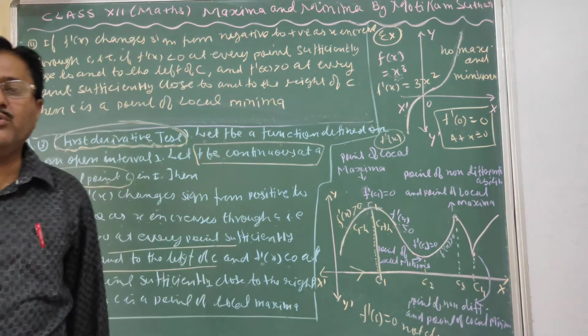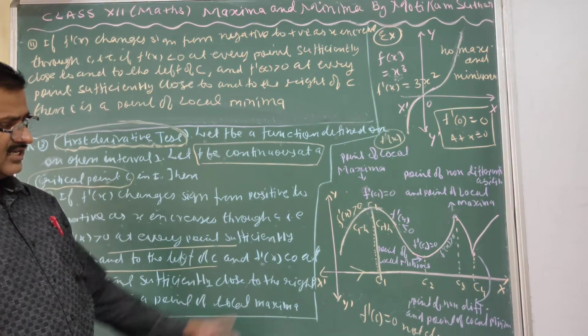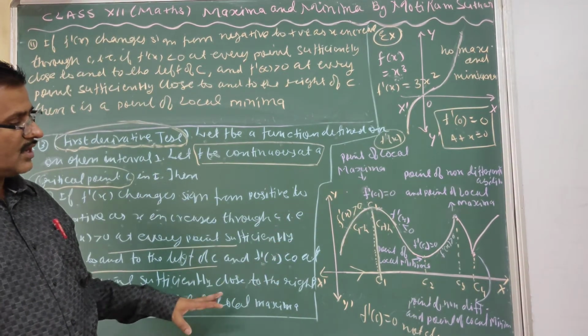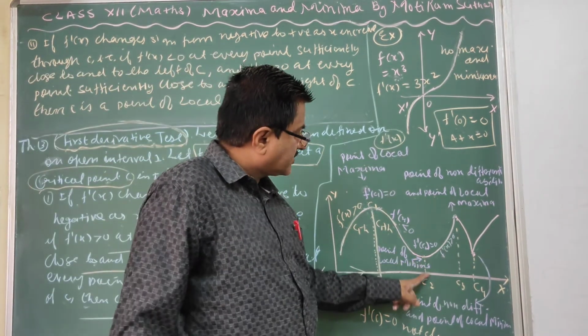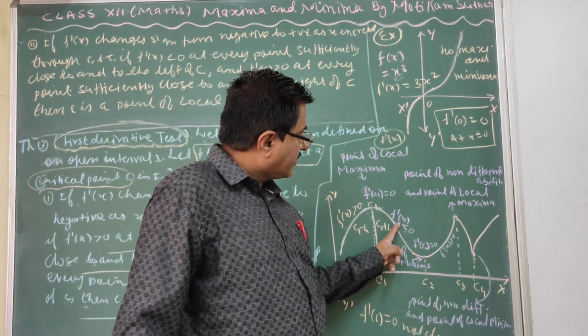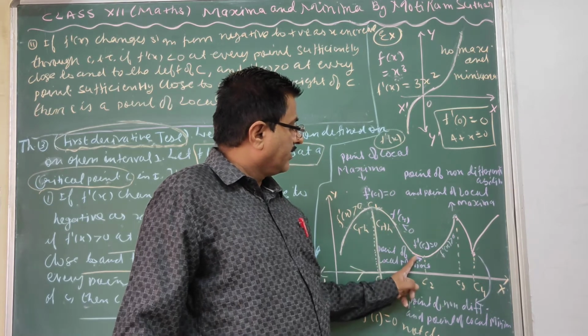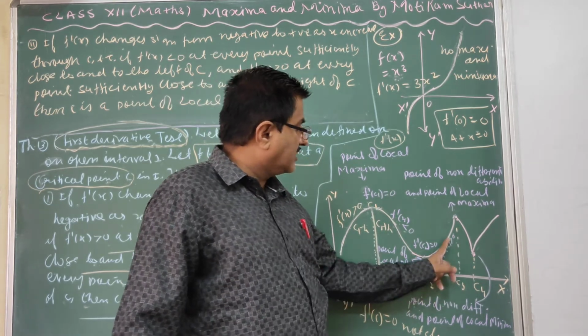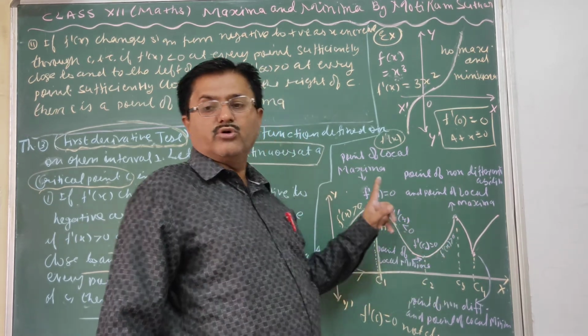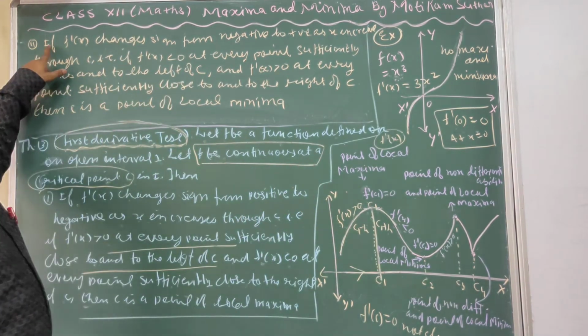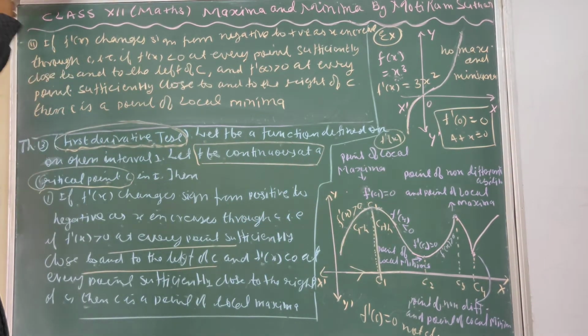Now the second point. That is just the converse of this. Here you can say at C2, the left side derivative sign is negative, on the right side derivative sign is positive. So what's the second point? You write down the second point.